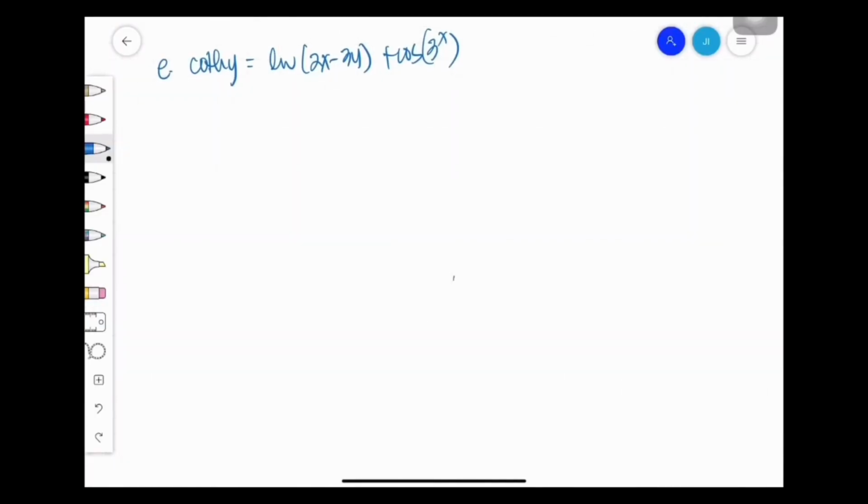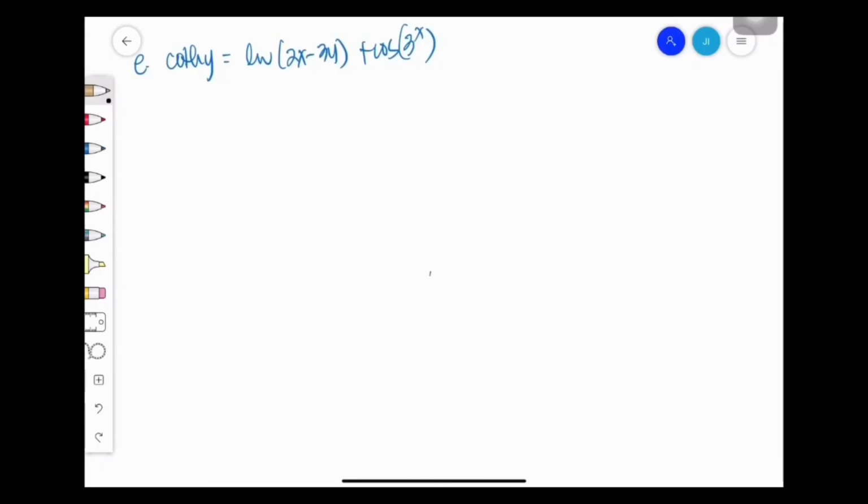Differentiating both sides, what's the derivative of hyperbolic cotangent? That is negative hyperbolic cosecant squared y. But since y is a function of x, we need to use chain rule. The derivative of y is y prime or dy dx. Okay, then for the other side, what's the derivative of ln?